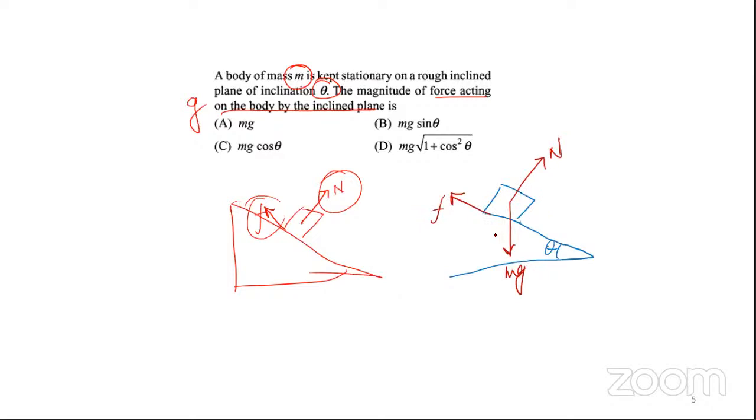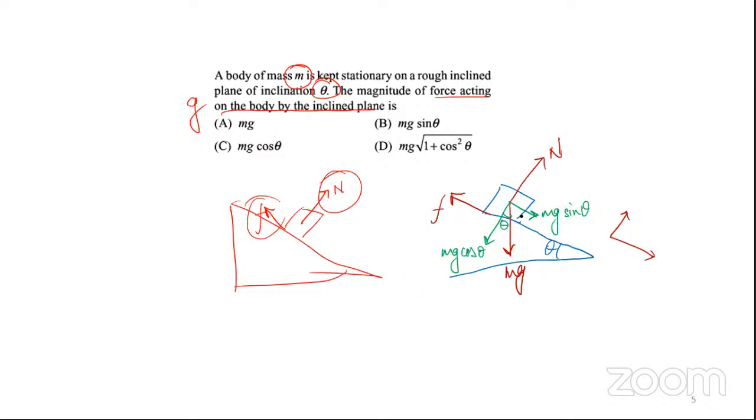All right, so I want to analyze these forces, so I'll have to choose two axes. So I'll choose one parallel to the incline and one perpendicular to the incline. So I'll have to resolve mg. This will be theta. So this will become mg cos theta, and this will be mg sin theta.